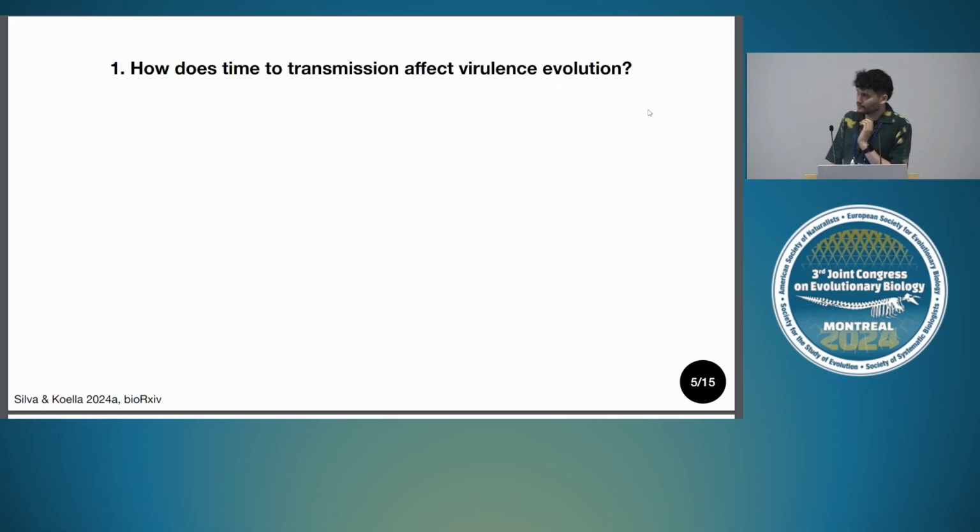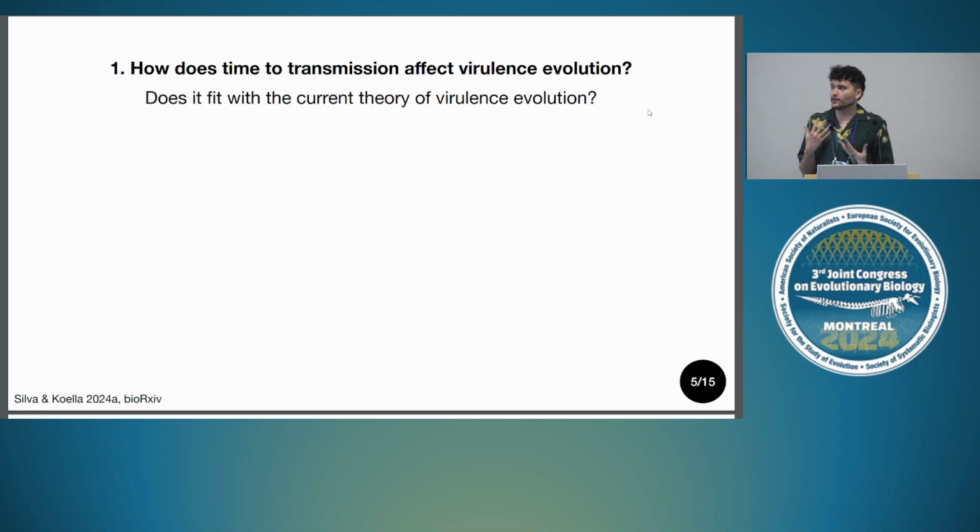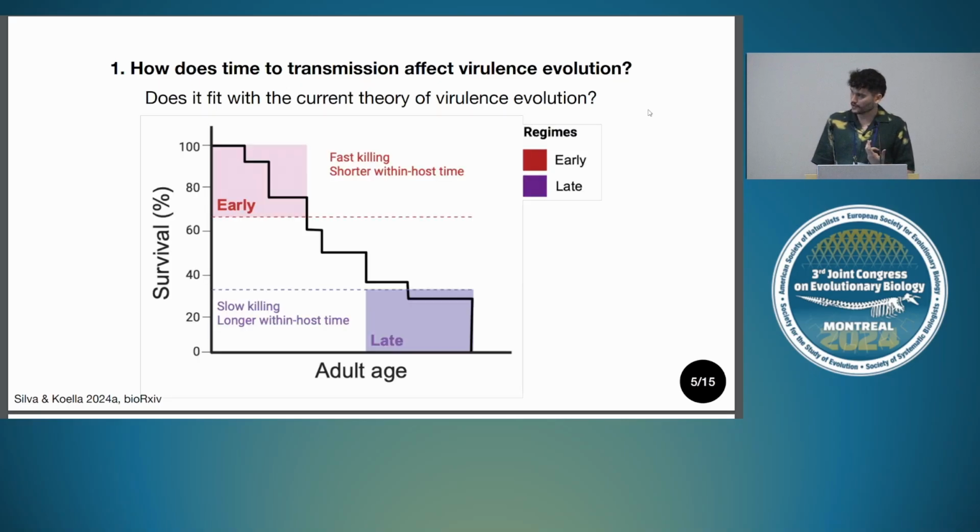After this, we thought: how does time to transmission actually affect virulence evolution? Are they linked? And does this fit with the theory of virulence evolution? For that, we created two different regimes, which we call early and late. Here we have a survival curve of death by the microsporidian parasite I was evolving.